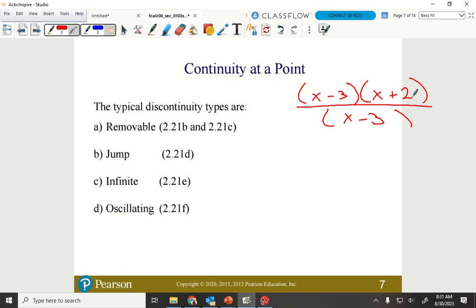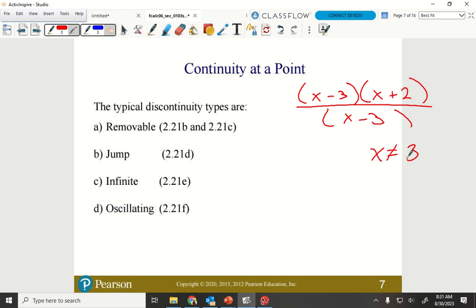This one, I would have a discontinuity here at x equals what? x cannot equal what number? Why 3? What's going to happen at 3? What's 3 minus 3? It's 0.